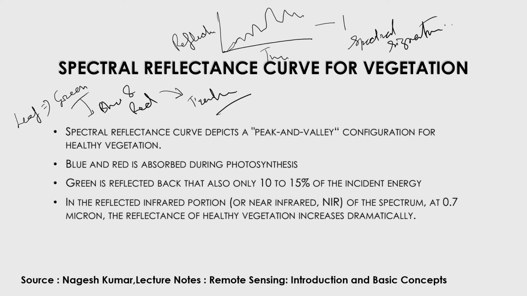As blue and red are absorbed during photosynthesis, the green is reflected back, about 10 to 15% of the incident light. This is the case for a leaf while photosynthesis is taking place.